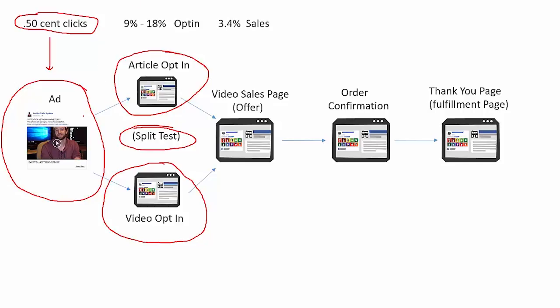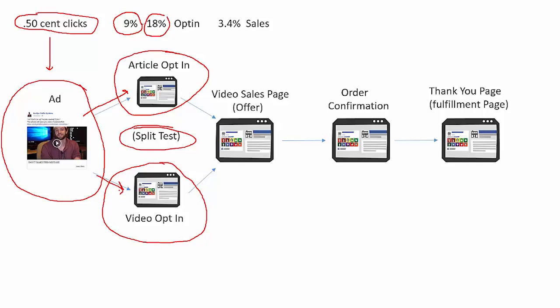So when they actually click the ad, they come to the article, and up here, this 9% is the percentage of people that are opting in after reading the article. So 9% of the traffic is opting in after reading the article, and to no surprise, 18% of the traffic is opting in after watching the video.